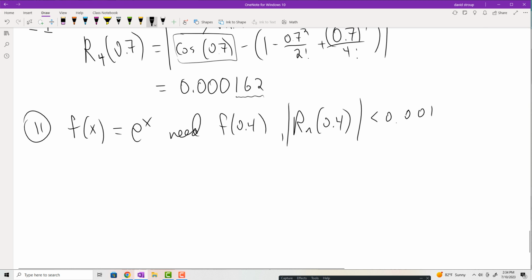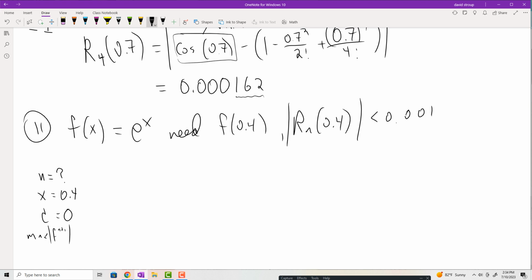So again, I'm going to go to this R sub n formula, and I need x, c, and this max value. The n value, I don't know. The x value I want to approximate at is 0.4. The c value, the center, I don't know if they note it in the problem, but it should be 0.